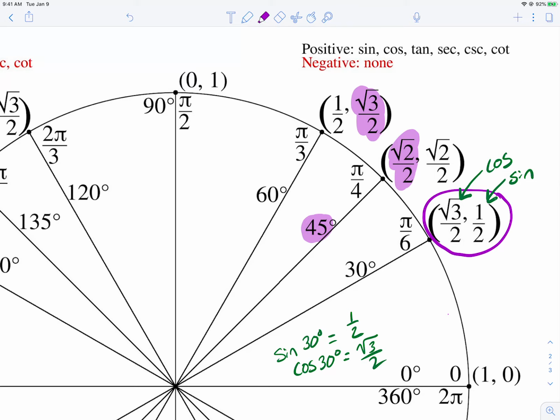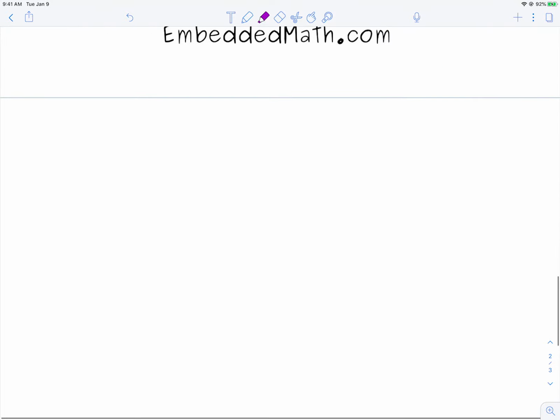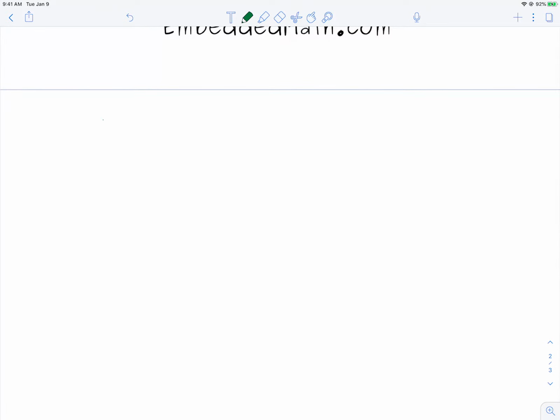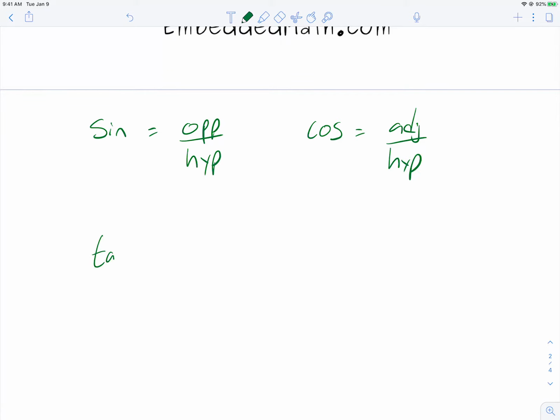Now what it's not giving you is tangent. However, I want you to think about something. So if sine is opposite over hypotenuse, and cosine is adjacent over hypotenuse, and tangent equals opposite over adjacent, there's actually a way you can use sine and cosine to create tangent.